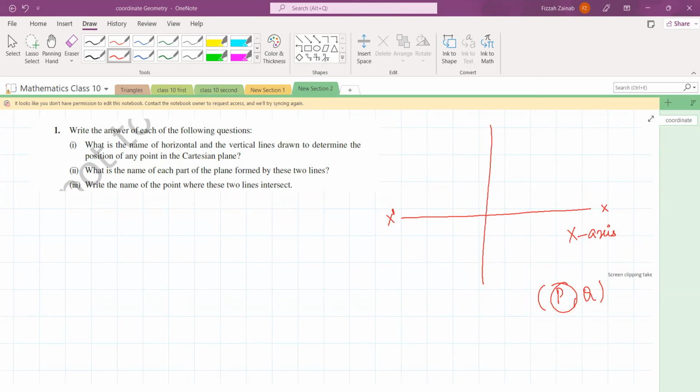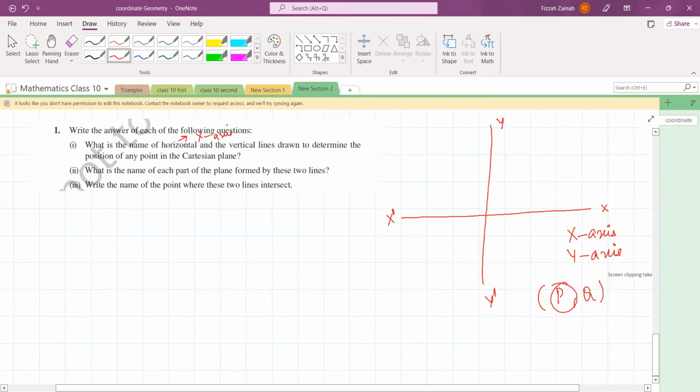Yeah, x-axis, correct. So the horizontal line is called x-axis, and the vertical line, this is positive y, this is negative y, so this is called the y-axis, right? So can you write it? Horizontal is x-axis and the vertical is y-axis.